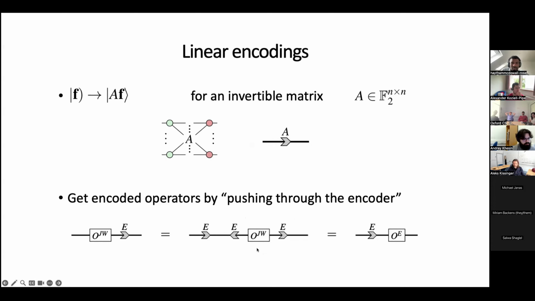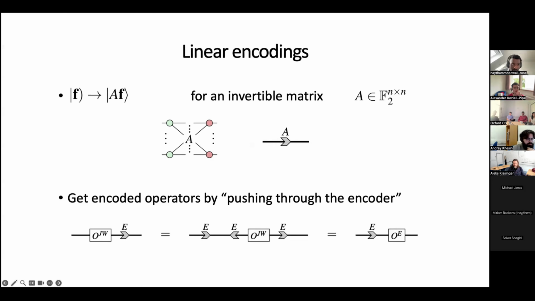We've got a Jordan-Wigner encoded operator, then an encoding circuit, and then the inverse of that encoding circuit on the other side. So we're changing the basis on which our operator acts. So yeah, pushing through the encoder is the crux of how we go from having a linear encoding to the operators under that linear encoding.